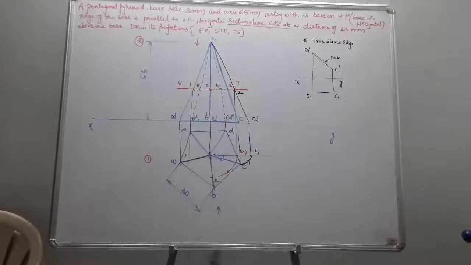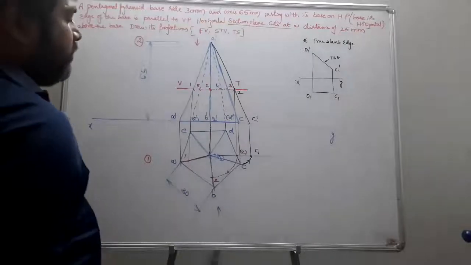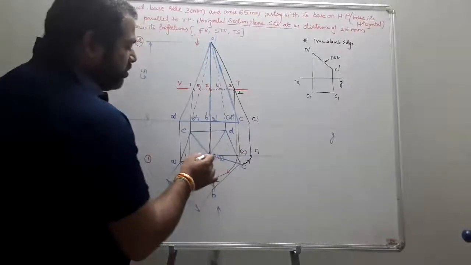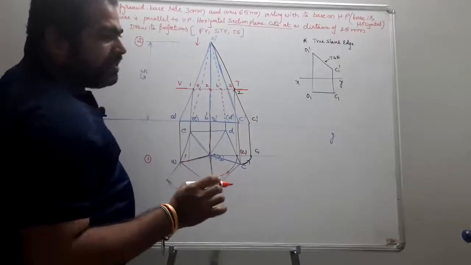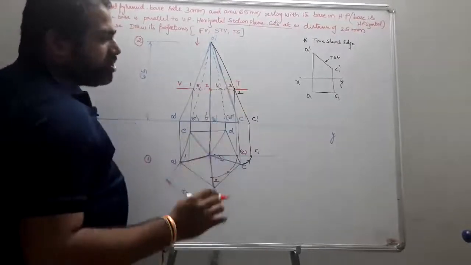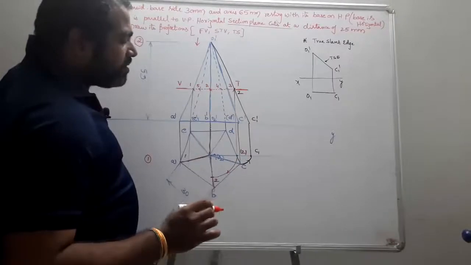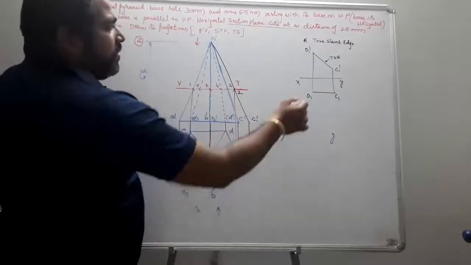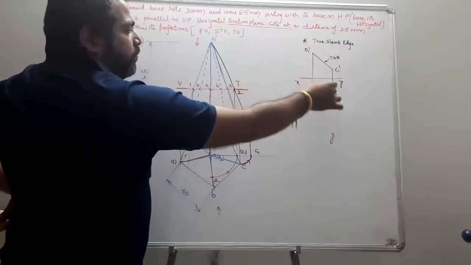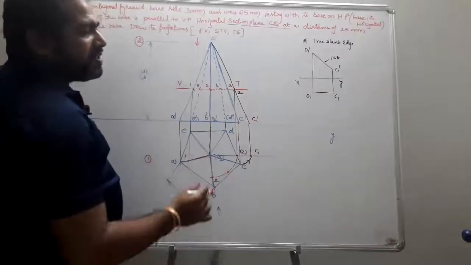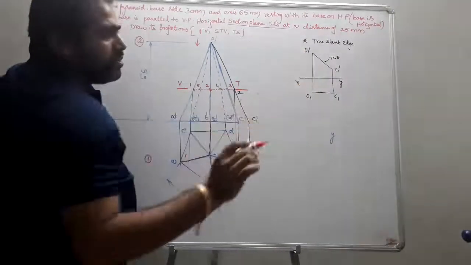Okay, let us see. When your point is not obtained directly on one of the edges, let us see whether there is a true slant edge or not. When the front view of your edge is like this and your top view is parallel to XY, then I can say it is a true slant edge.